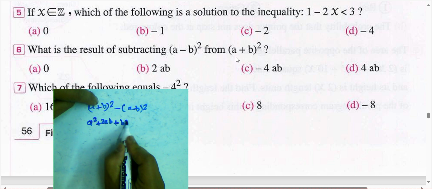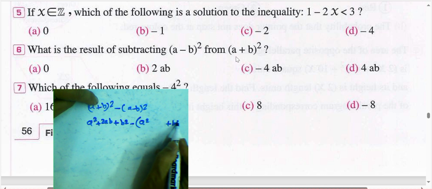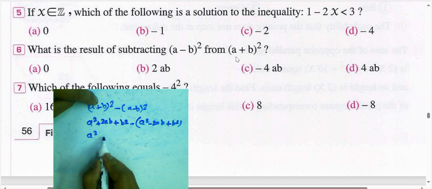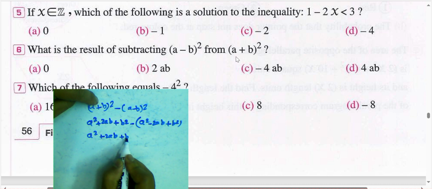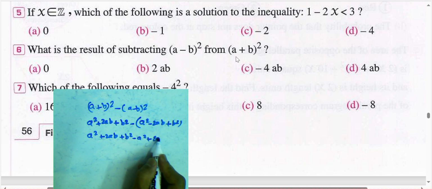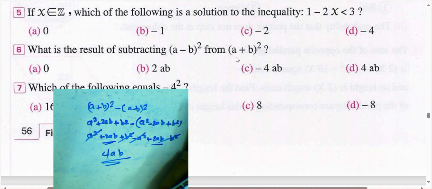Subtract first power 2 and second power 2 and the middle 2 times a times b. Then a power 2 plus 2ab plus b power 2, negative a power 2, negative times negative positive 2ab, negative times positive negative b power 2, and then we can cancel them together. Then 2ab plus 2ab equals 4ab. It's the result.